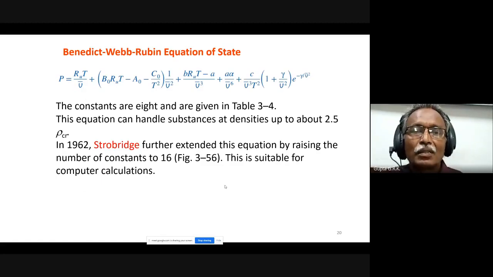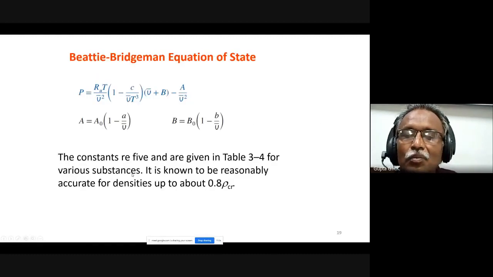There is another one, the Benedict-Webb-Rubin equation of state. You can see it is still more complicated. There are 8 constants here, and these constants are tabulated in table 3.4. This equation can handle substances at densities up to about 2.5 critical density. The previous one is up to 0.8 critical density, and this is 2.5.